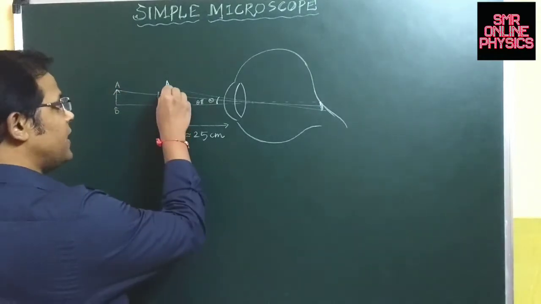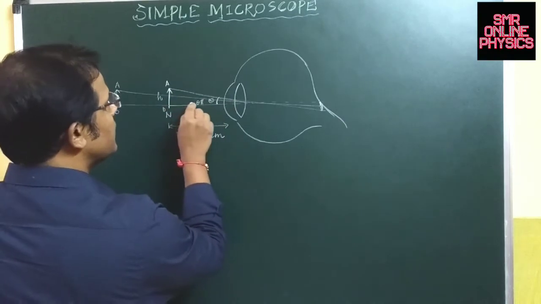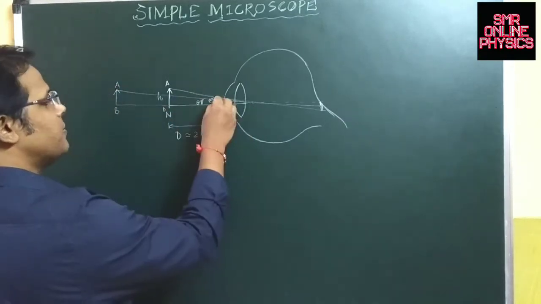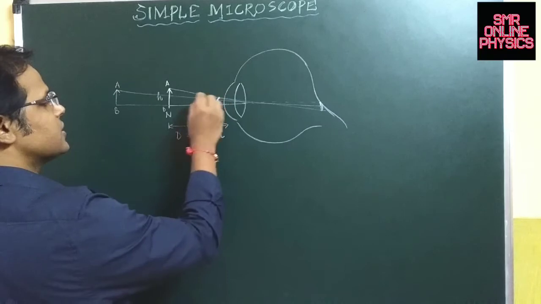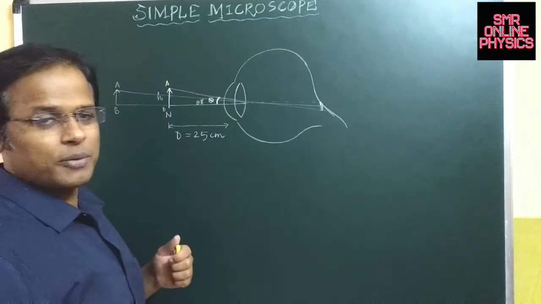So when the object is placed at the near point, you get the maximum angle subtended by the eye onto the object. We can call it theta, we can call it alpha, whatever you wish, not a big issue.